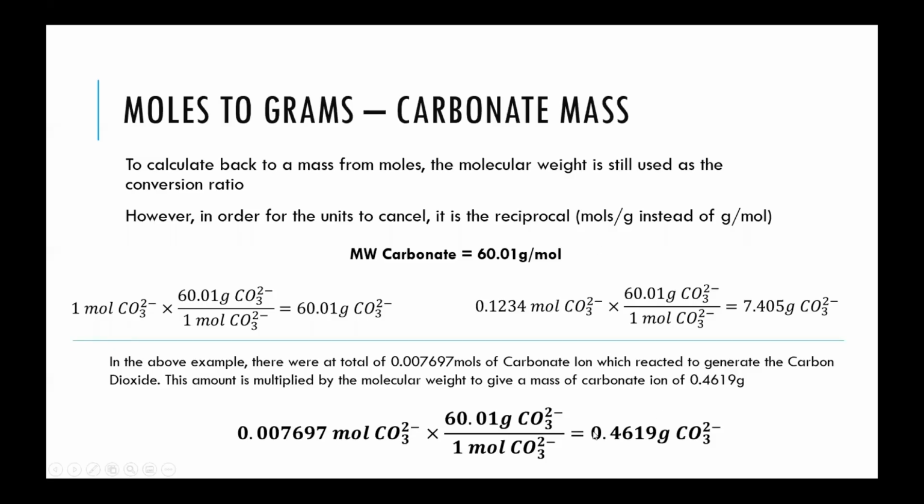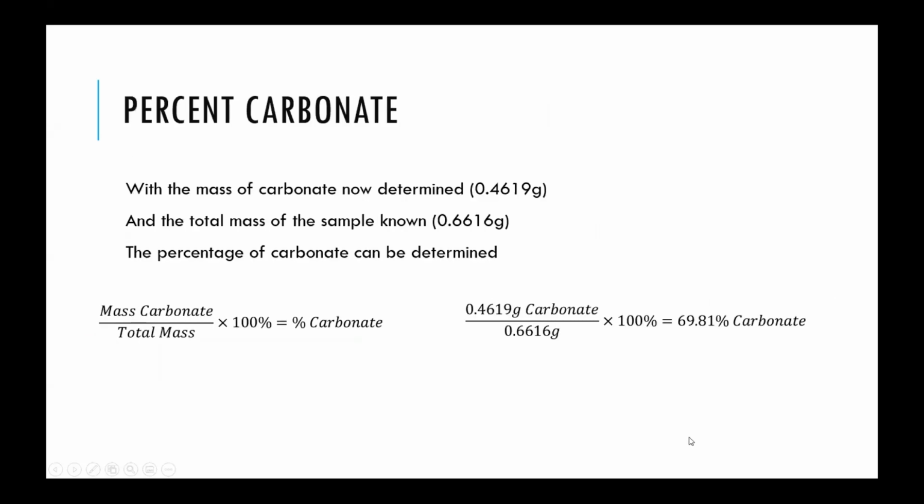Once you have the mass of carbonate, you can then figure out what percentage of the whole sample this carbonate was. You have the mass of the individual component, and you have the total mass that was the first measurement. So initially, the total mass was 0.6616 grams.